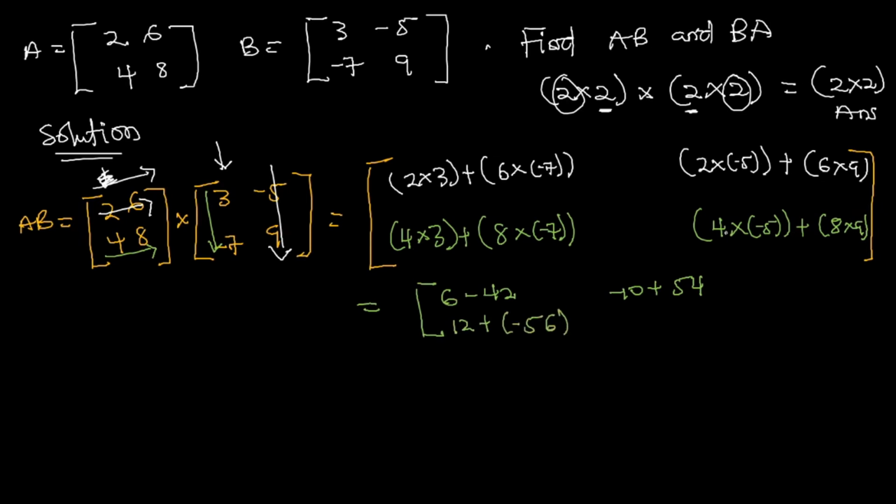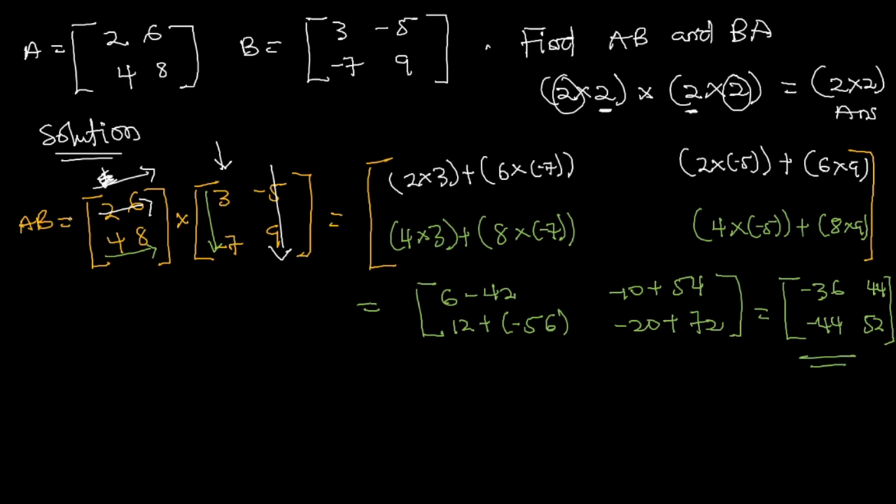Then 4 multiplied by negative 5 gives us negative 20, plus 8 multiplied by 9 gives us 72. So adding, we get negative 36, 44, negative 44, and 52.